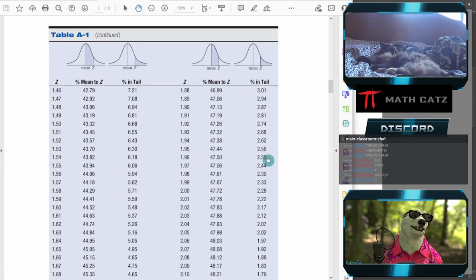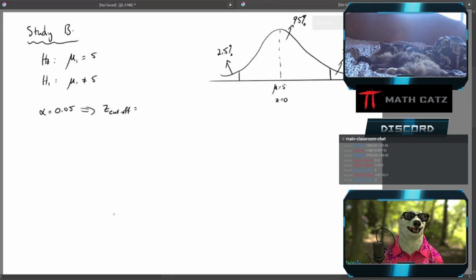Of course, software will fill in all the gaps if you actually do the research properly. This is just an abbreviated table in the textbooks. 2.5 sits at 1.96. So now I'm going to write plus or minus 1.96. I have a 1.96 cutoff there. And of course, because of the symmetry, I have a negative 1.96 over there. Or you can make this a plus or minus. This is the positive one, and this is the negative one.